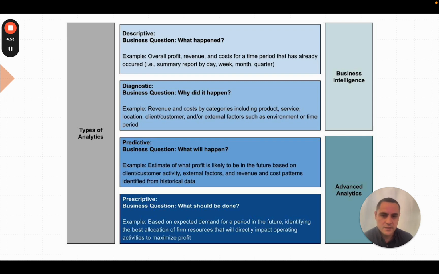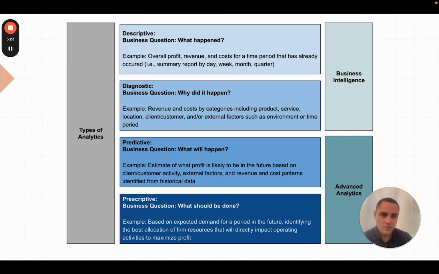Under diagnostic, we could drill down a little bit further and figure out why it happened. An example might be revenue and cost by categories, including product, service, location, if the business or organization has numerous locations, client or customer, or external factors such as the environment or time period.